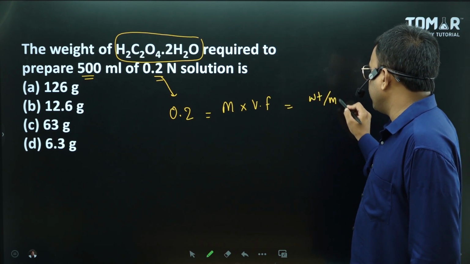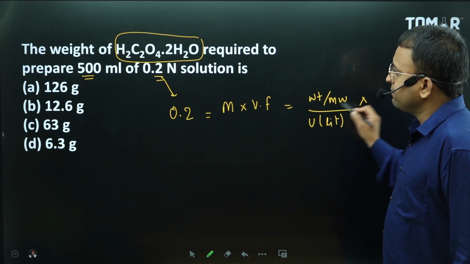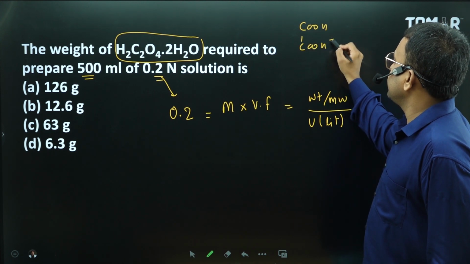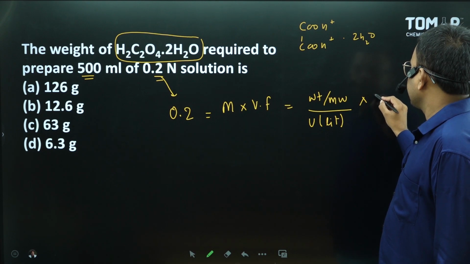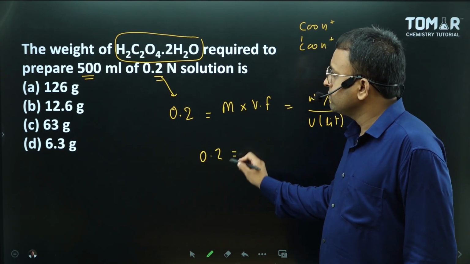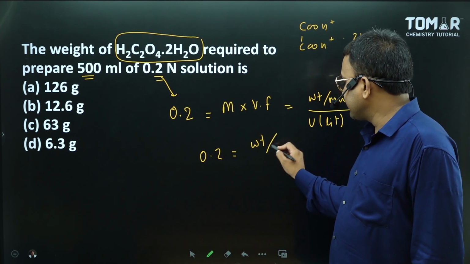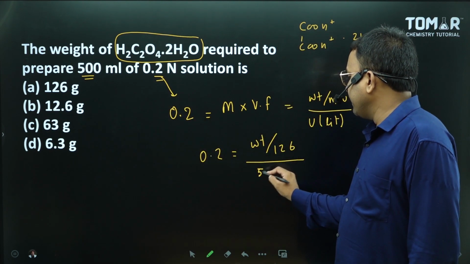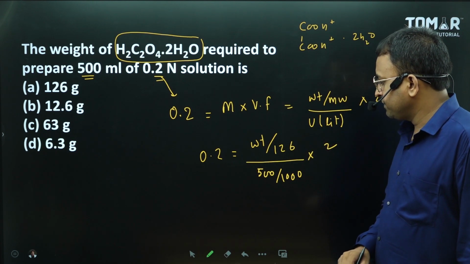Mole is weight divided by molecular weight, over volume in liters, and the valency factor of oxalic acid is 2 because it can give 2 hydrogen ions. So the valency factor is 2. 0.2 equals weight, we have to find the weight, over molecular weight 126, volume in liters 500 divided by 1000, and valency factor 2.